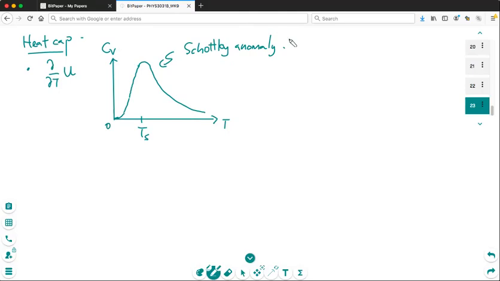What is heat capacity? Heat capacity is related to the change of internal energy when you inject thermal energy, right? You look at it this way, the change of internal energy in response to the injection of thermal energy.